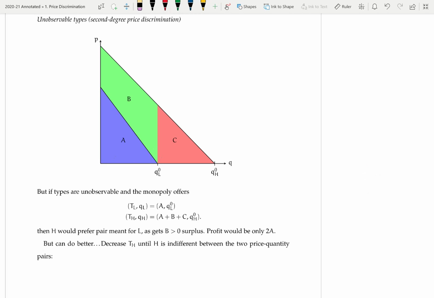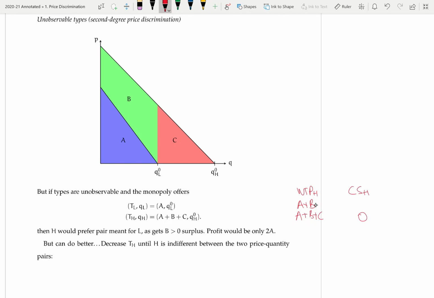What about consumer H? So let's think about H's consumer surplus from each of the options. H's willingness to pay for Q0L units is A plus B, the area under their demand curve up to that quantity. And H's willingness to pay for Q0H units is A plus B plus C. So H's consumer surplus from the two options, well, we know this is zero because we chose the price here so that it was exactly equal to H's willingness to pay for Q0H units.